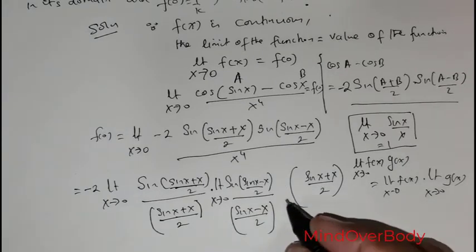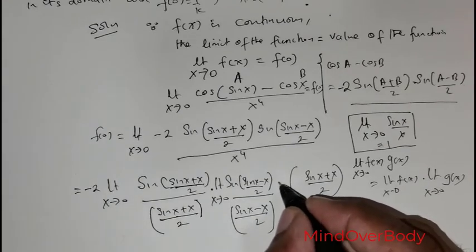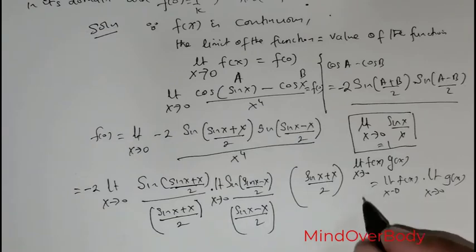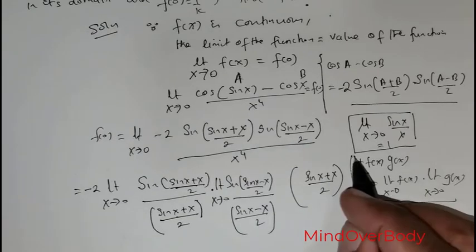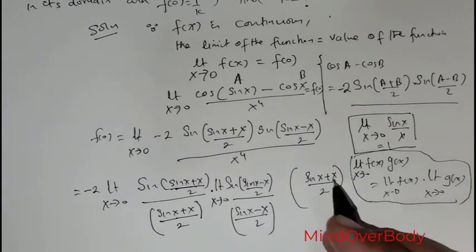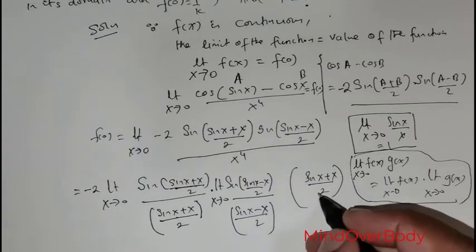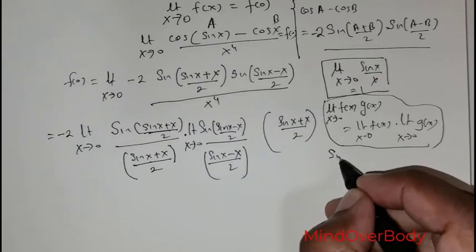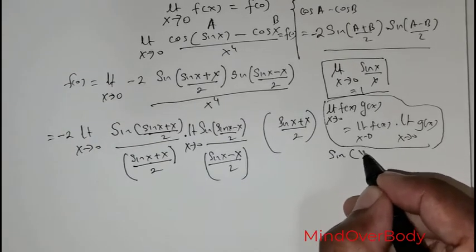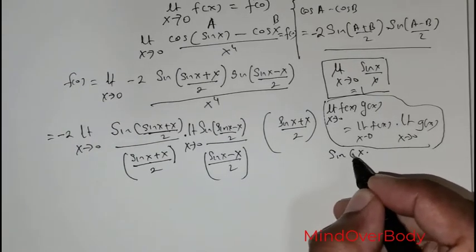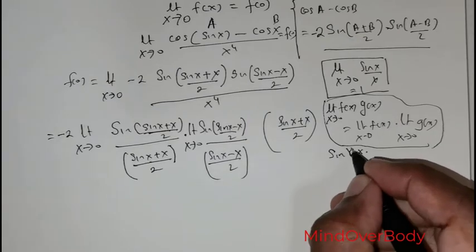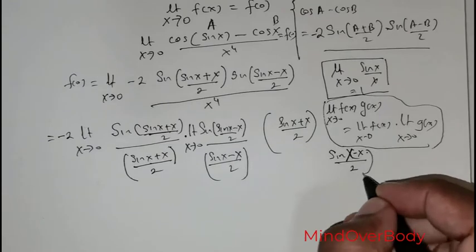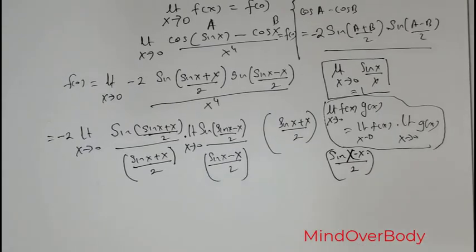So let me try to fuse it, because we don't have to overlap with these things. So I will try to place it over here. So this is going to be sine of (x minus x) divided by 2. So that has to be there.